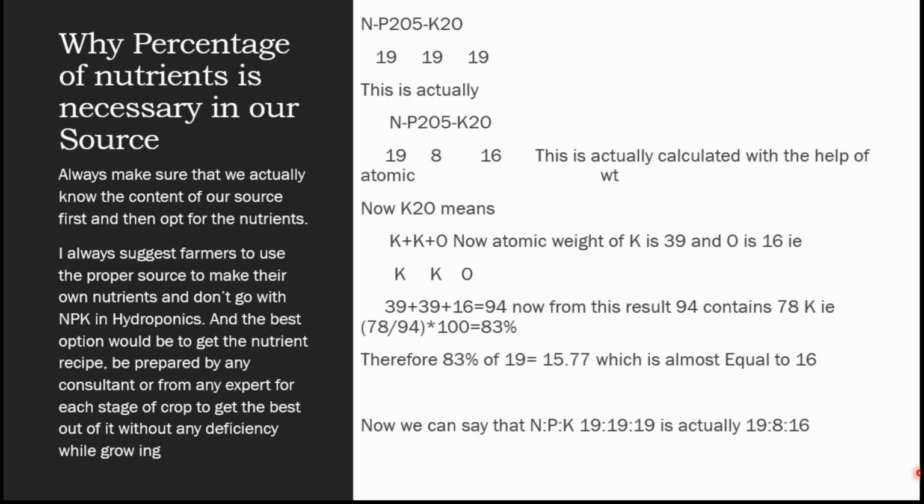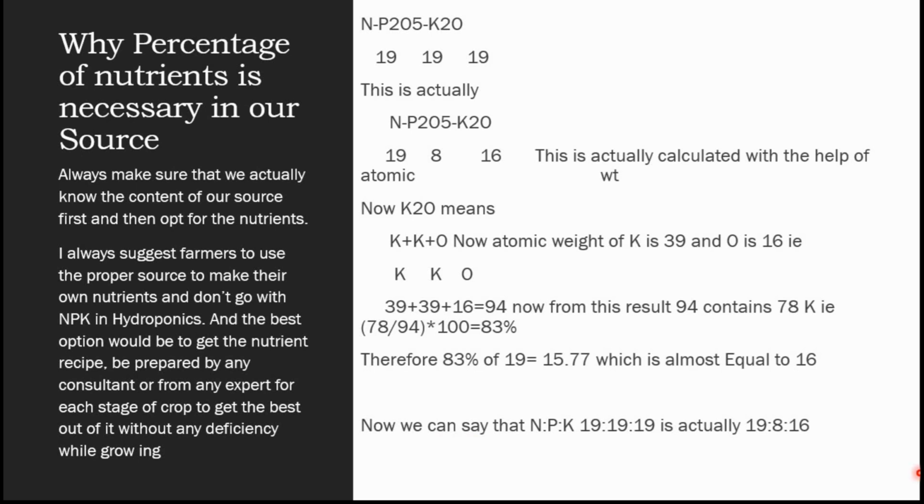And the best option would be to get the nutrient recipe prepared by any consultant or from any expert for each stage of crop to get the best output of it without any deficiency while growing in your hydroponic system.